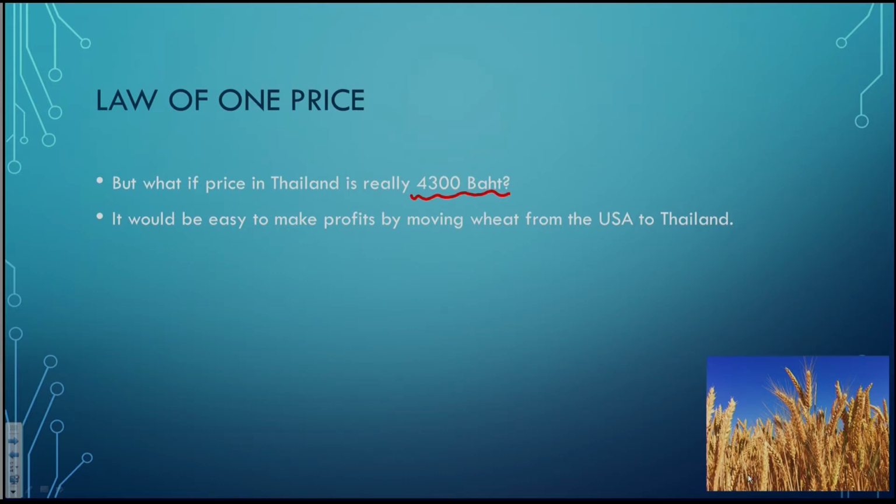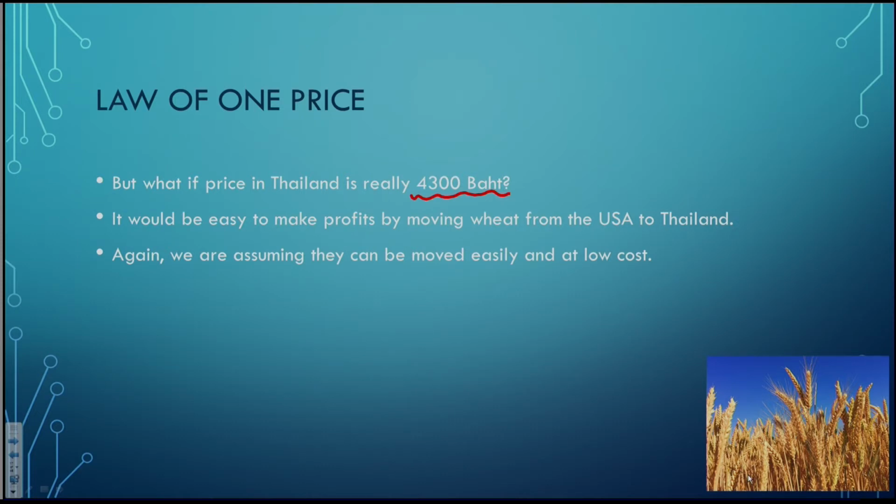So why don't we just take our wheat, put it in container ships, ship our wheat to Thailand and sell it there? Again, we're assuming that we're talking about a product that can be easily moved and at low cost. Of course, if shipping is going to cost us $1 gazillion, then we're not interested. We can't make more money.